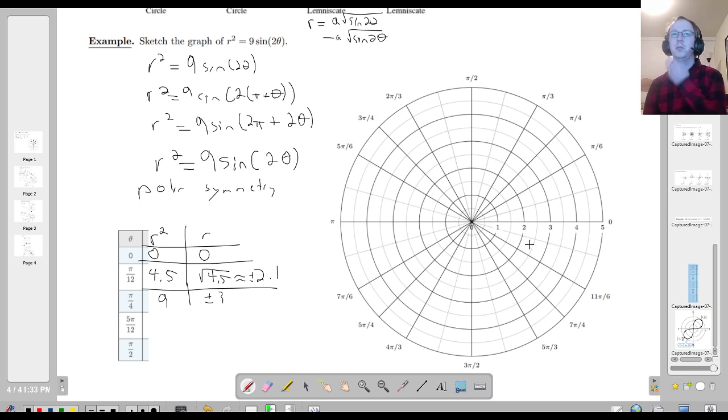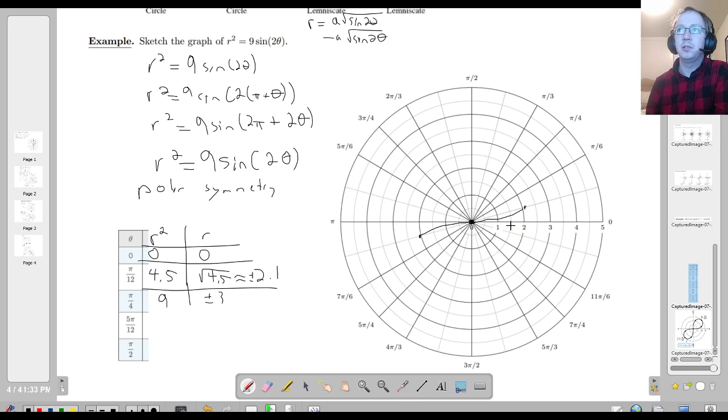Let's go ahead and just graph what we've got so far. I'm starting with an angle of 0, a distance of 0. Now, when I go out to an angle of pi over 12, that's this direction, I'll either be going out 2.1 or negative 2.1. So I'm going this way, or I'm also going that way. Let's keep going.